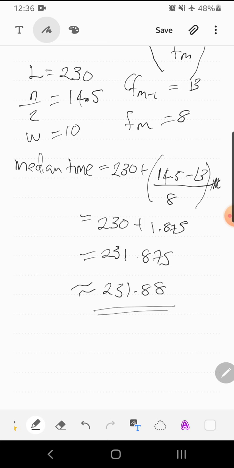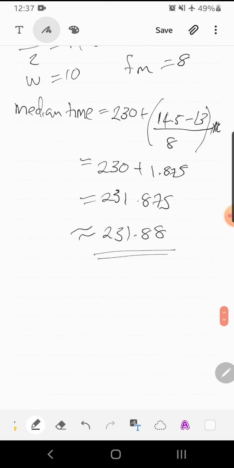Okay, so please always identify the median. It's not always true that the median class is also the same as the modal class. So you have to know how to identify the median class. Okay, and now we move to the variance.